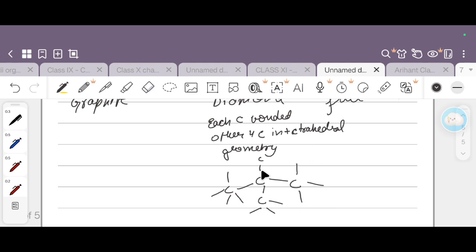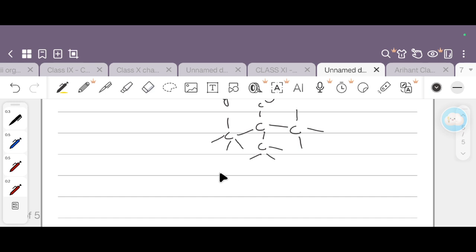Now, as you can see, there is no free valence electron in it. Thus, the carbon allotrope diamond is a poor conductor of electricity. As the structure is closely packed and each carbon is connected to the other four carbons, this makes the structure hard.